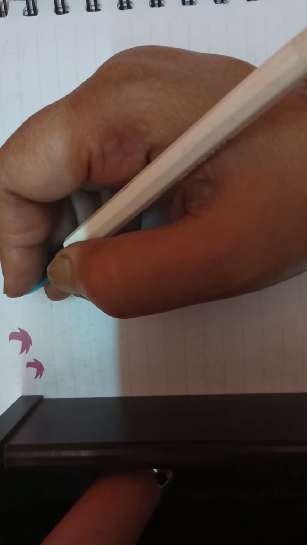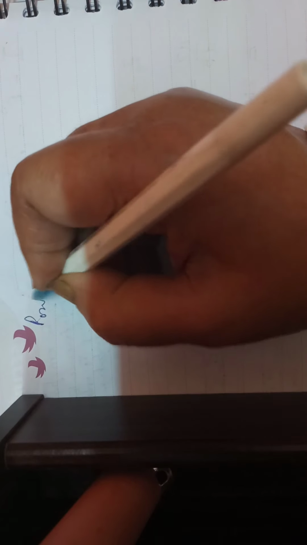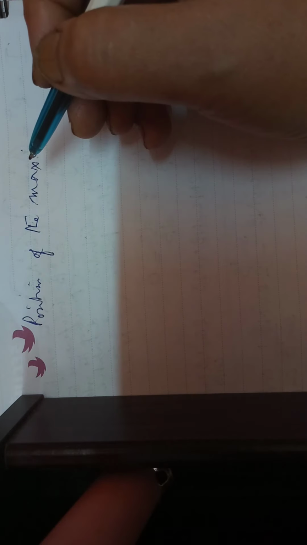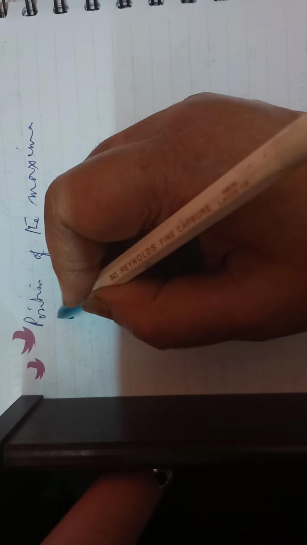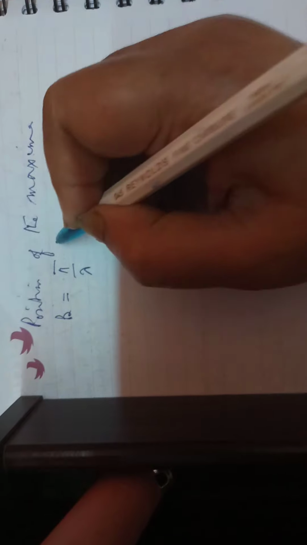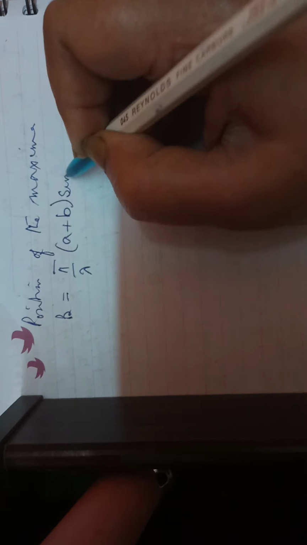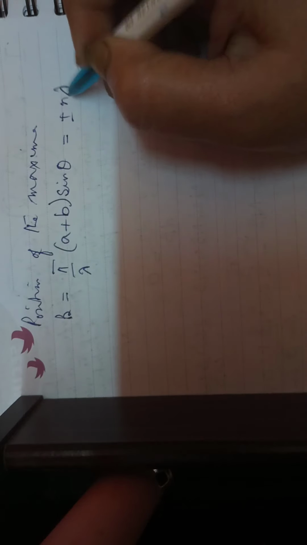The position of the maxima will correspond to beta equal to pi by lambda (a plus b) sine of theta, which is equal to plus minus n lambda.